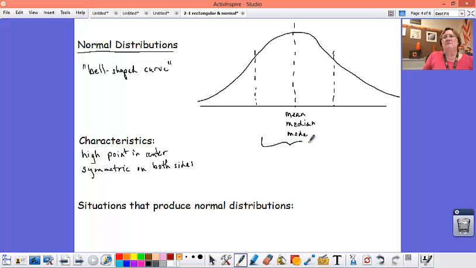Within that one standard deviation of either side of the mean, about 68% of the values in a normal curve will lie. If you think about things that act this way, symmetric on both sides, high point in the center, oh, what else do we want to say? 2 inflection points.